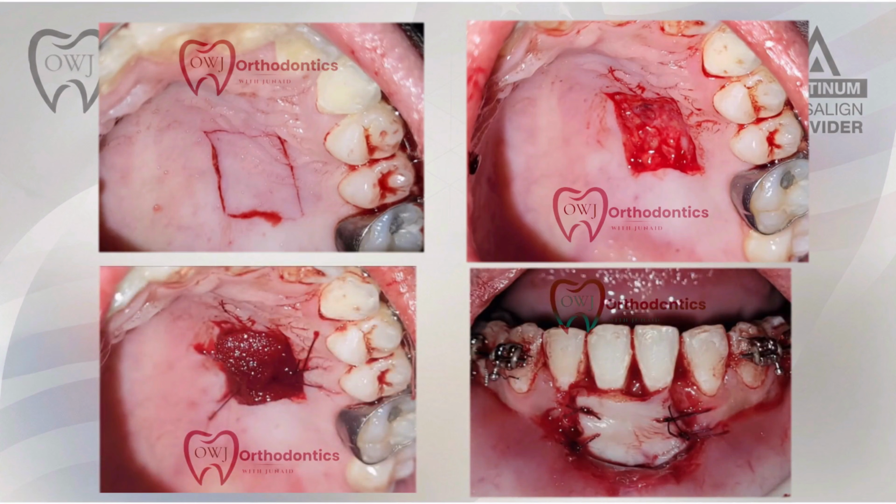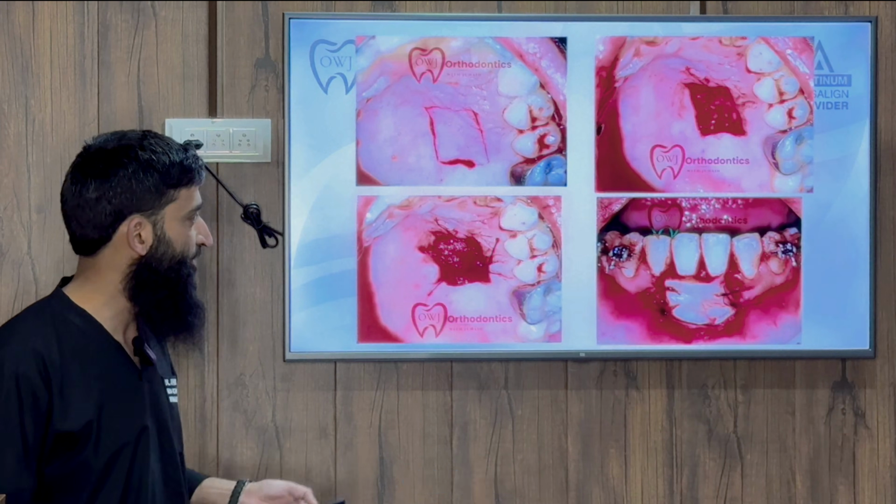No bone was put in the defect, because we thought that this keratinized gingiva will be sufficient for this, because it was angular bone loss. The horizontal bone loss got converted into the angular bone loss or the vertical bone loss, but still, according to the periodontist, according to his expertise, they told that we don't require to put a bone graft and just go for the free gingival graft.